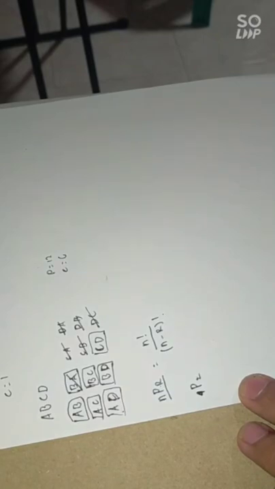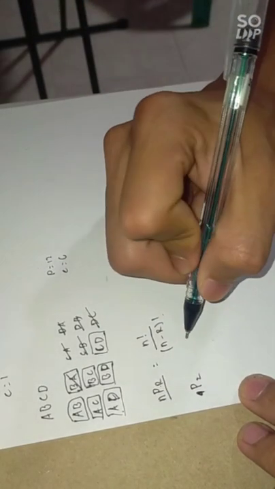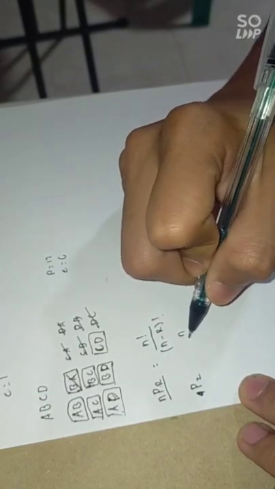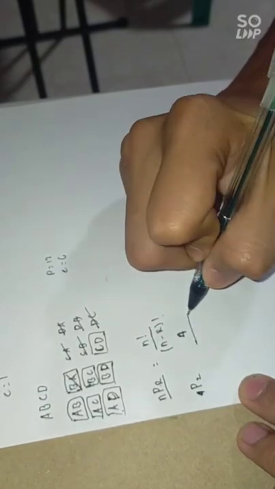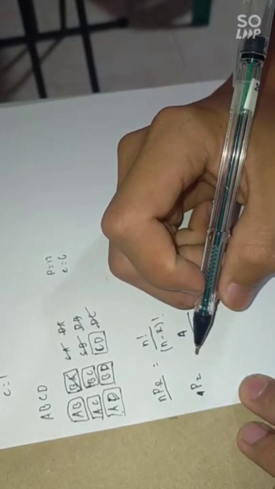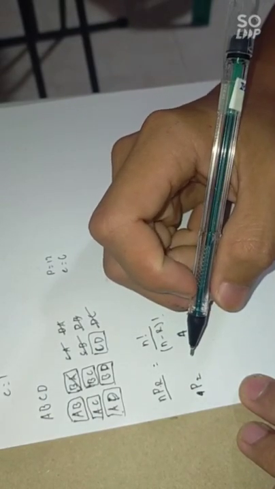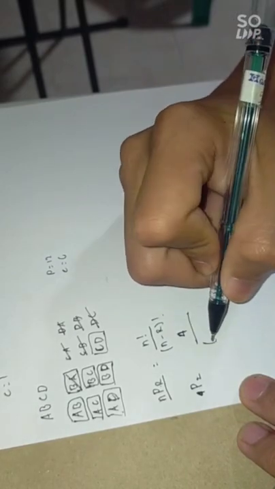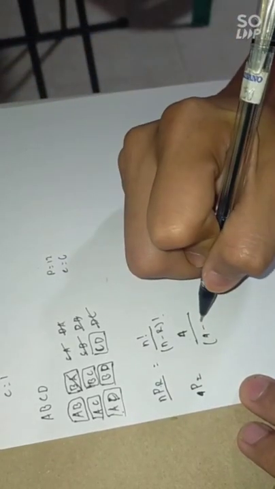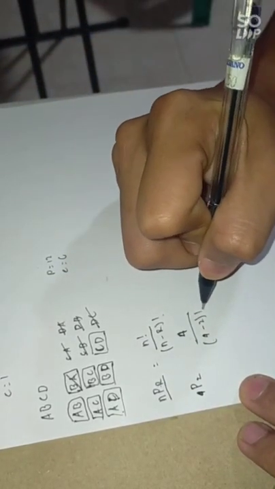In this case, we can see that n is 4. So n minus r is going to be 4 minus 2 factorial.